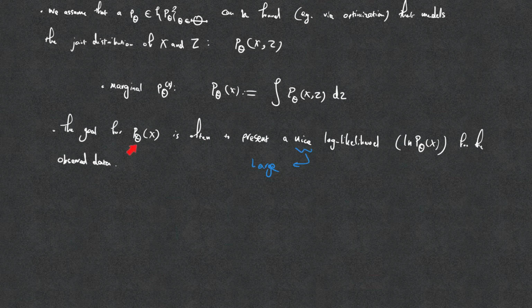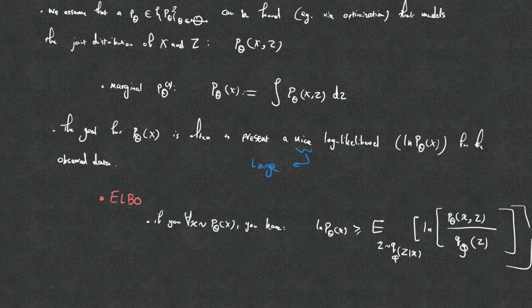Again, the goal of p theta is often to present a nice log likelihood for the observed data. So this is one way to measure how good this parameterized distribution is for the model. And you want to obtain a good log likelihood value, meaning assigning high probability to the observed value. Now let's see what the ELBO wants to say.